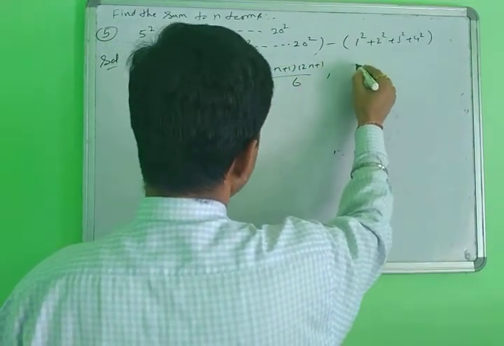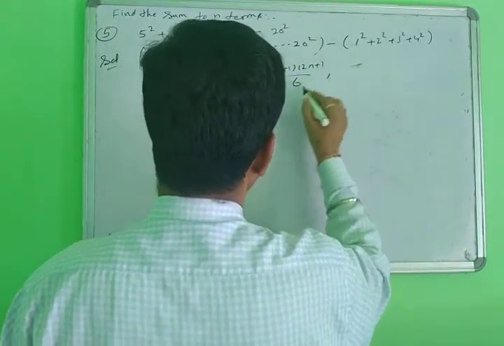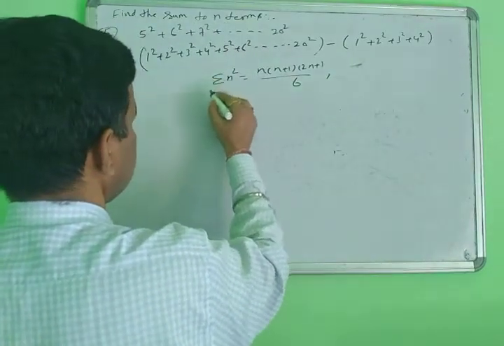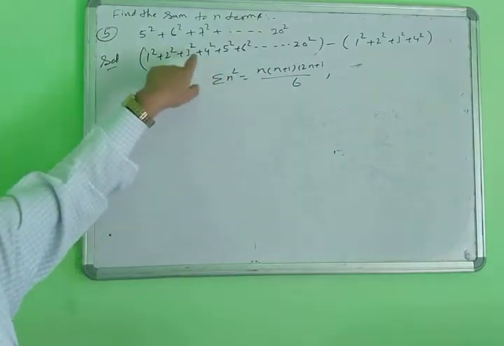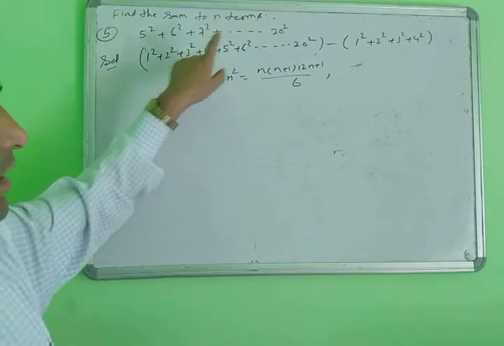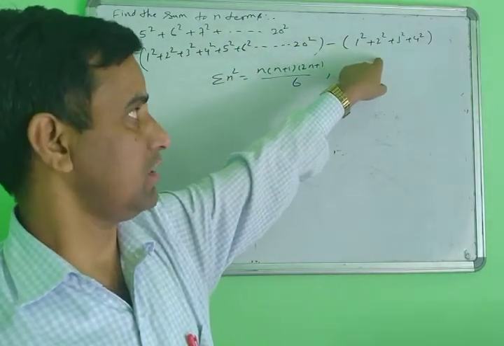What is the value of n in this series? Here n equals 20, and here n equals 4. In this series the value of n is 20, and in the other series the value of n is 4.